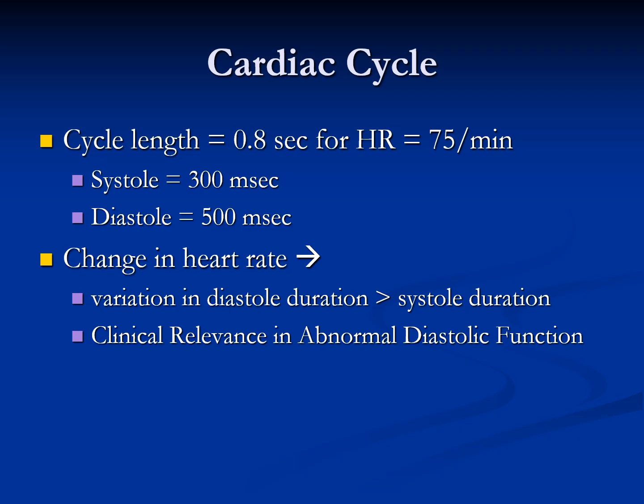Why is that important? It's because there are certain disease states, valve diseases, pericardial diseases, where the filling of the left ventricle is impaired. So if you have a certain disease where the left ventricle is very stiff, is not compliant, or diseases you'll study later of the mitral valve where filling of the left ventricle is very impaired, is slow, the filling is very dependent on the length of diastole, meaning if diastole shortens, the filling of the LV is impaired.